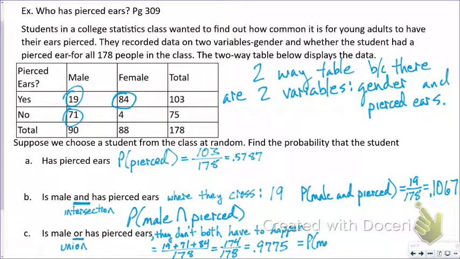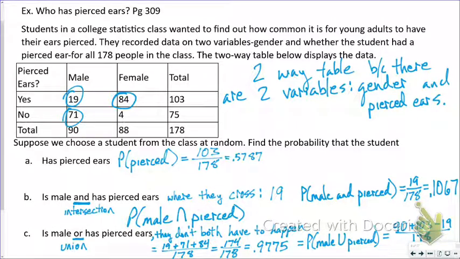On the next slide, you're going to see that you're allowed to write this male union pierced. And there's a formula that's typed on your formula chart that says to take all the males, all the pierced, and subtract the intersect.